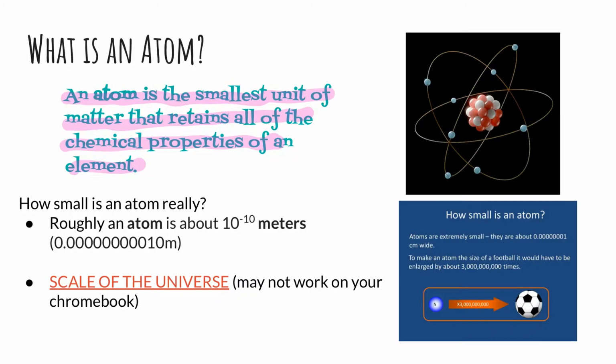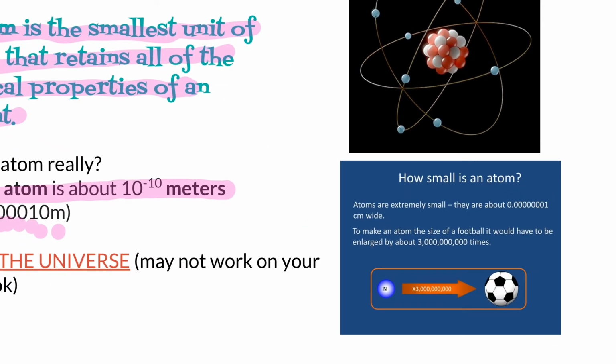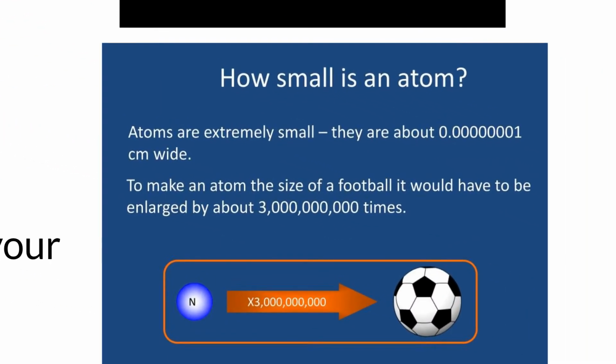So how small is an atom really? Roughly, an atom is about 10 to the negative 10 meters, or 0.0000000001 meters. And if we look over here, atoms are extremely small.